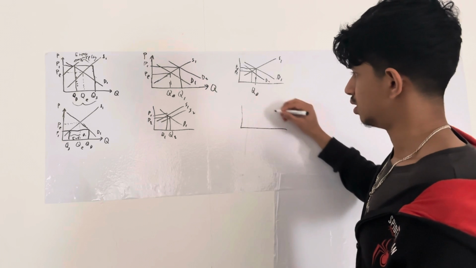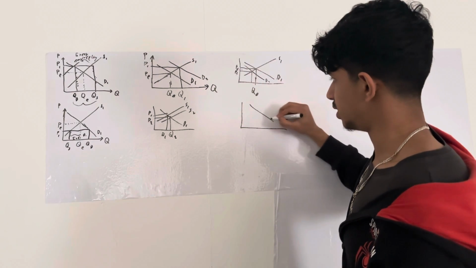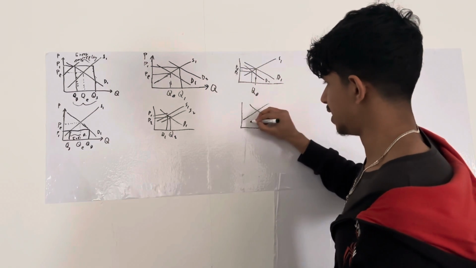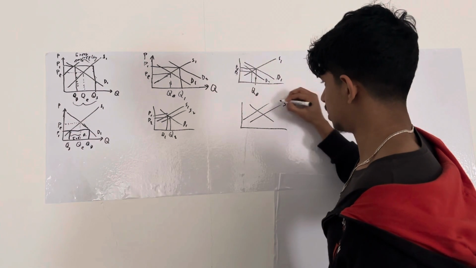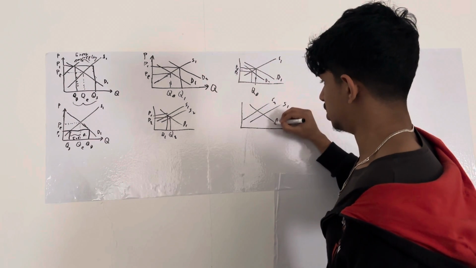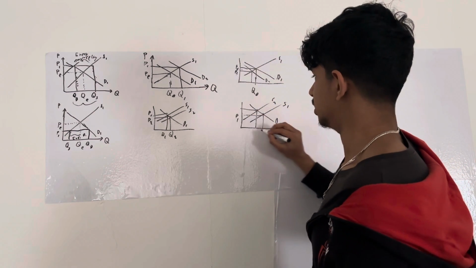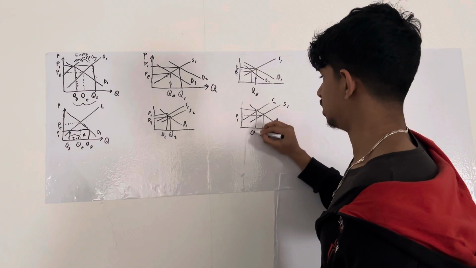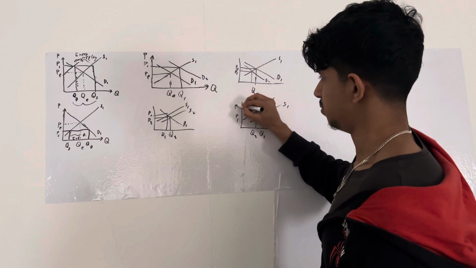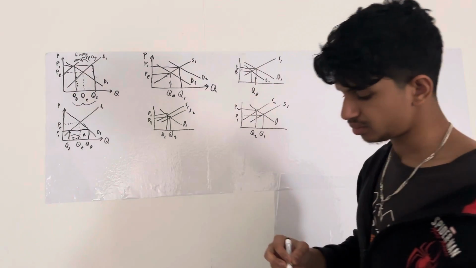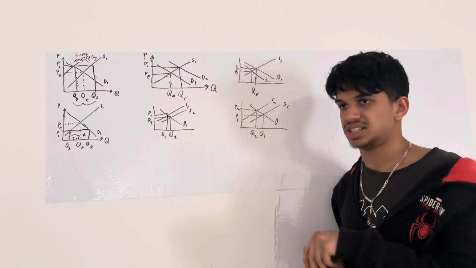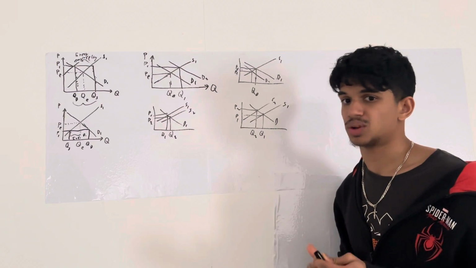Now, of course, the same thing can be said for supply. In this case, S1, S2, D1, P1, Q1, Q2, P2. Let's just say bad weather impacts the U.S.'s corn production.